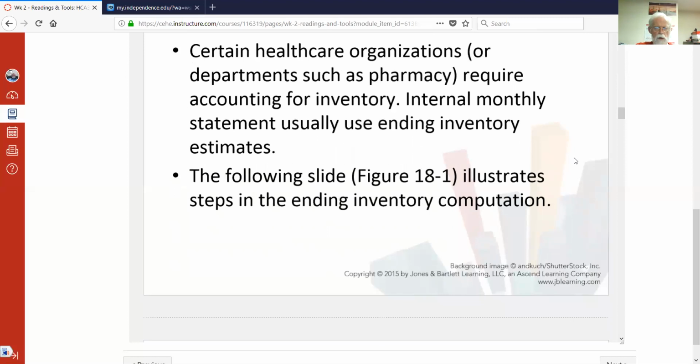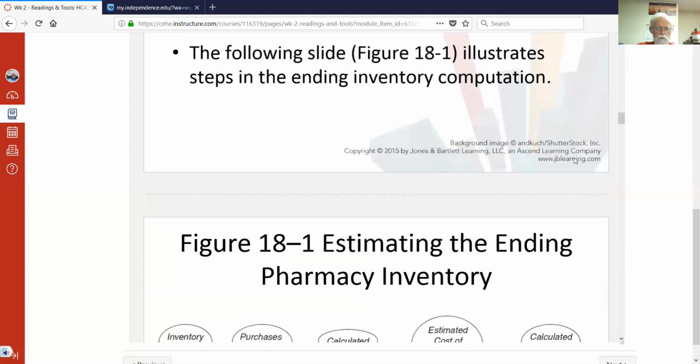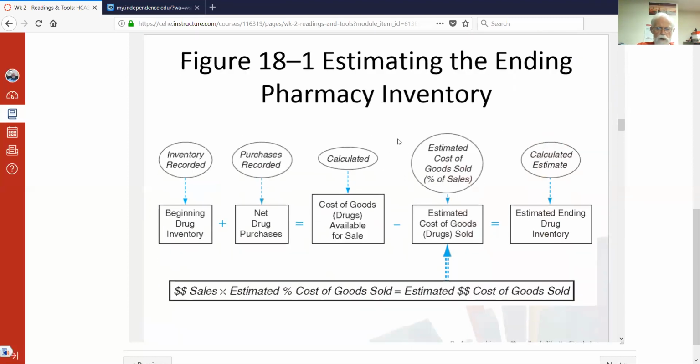An example here: an internal monthly statement for ending inventory is an estimate. We know the recorded inventory. We know the purchases during the period. So we can calculate the cost of goods available for sale. We know that.